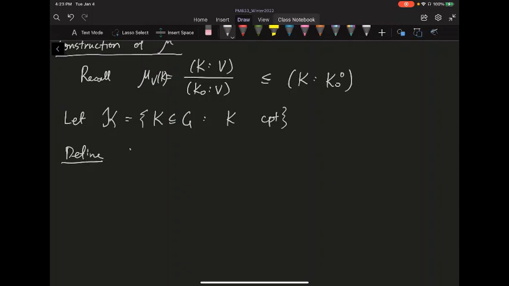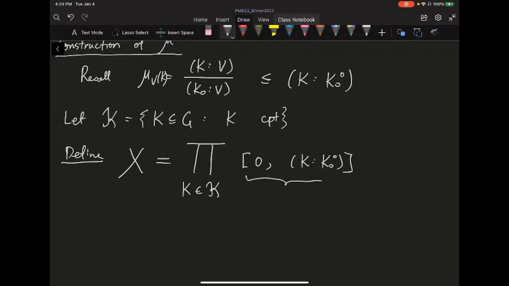Let's define a huge space X by the following. I want to take a product space where for each compact set K inside my group G, I take a copy of a closed interval from 0 to (K : K0 interior). Each one of them is certainly compact, since this is a closed bounded interval.